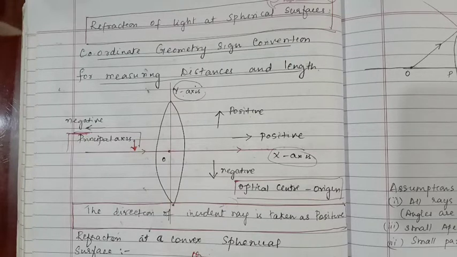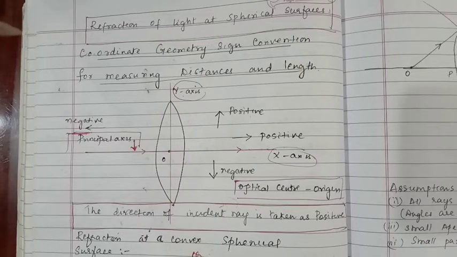What is the purpose of knowing coordinate geometry sign conventions? In order to obtain some formula for position and sizes of real and virtual images that are formed by convex and concave lenses, we have to adopt a common convention for giving sign, that is positive or negative.